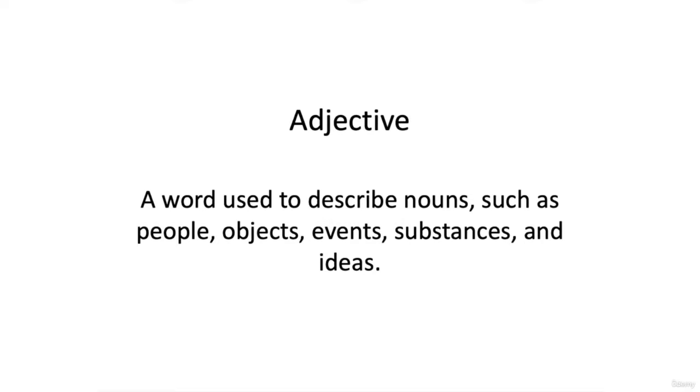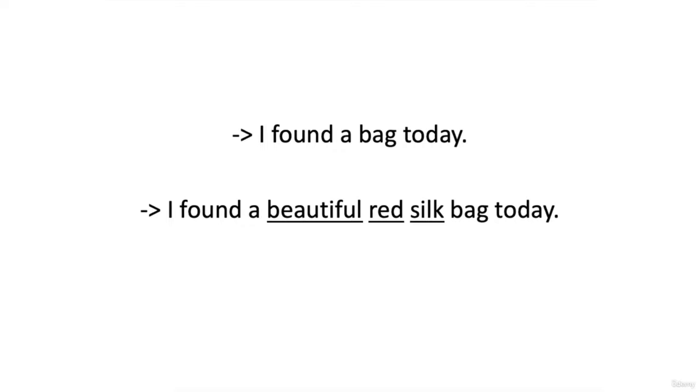Let's compare a sentence with adjectives and one with none. I found a bag today. This is a very basic sentence structure. What does the bag look like? We don't know. I found a beautiful red silk bag today.